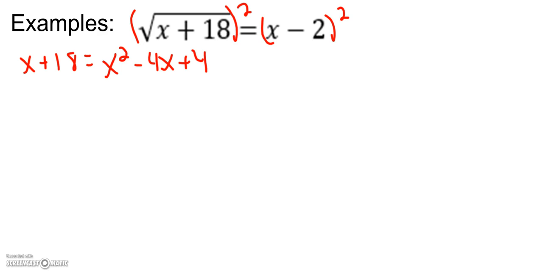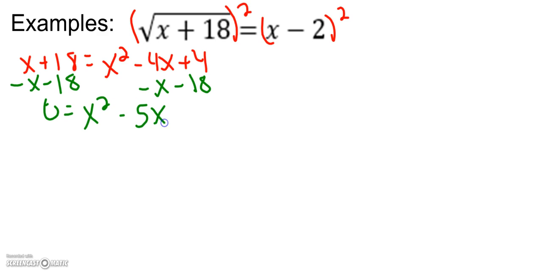Now I'm going to put everything on one side. So minus x, minus 18. So I get 0 is equal to x squared minus 5x minus 14. Okay. Now is when you would use your box method. But I'm going to do a times c, so 1 times negative 14 is negative 14.